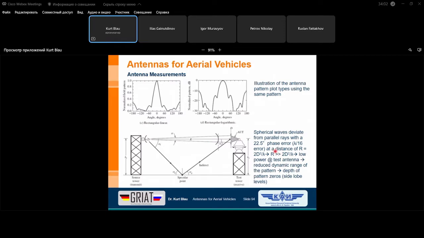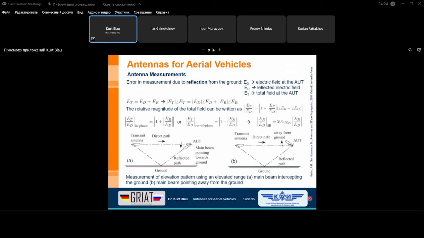The condition itself fulfills only this phase error, but the phase error is very large, and this came from earlier antenna measurements, maybe 50 years ago in this area. Okay.